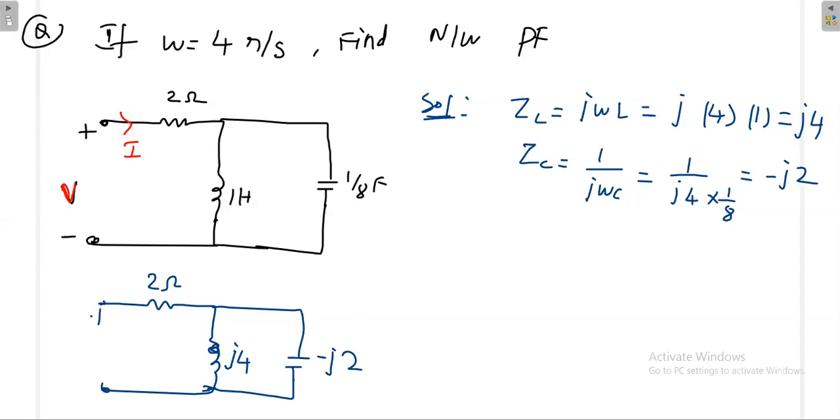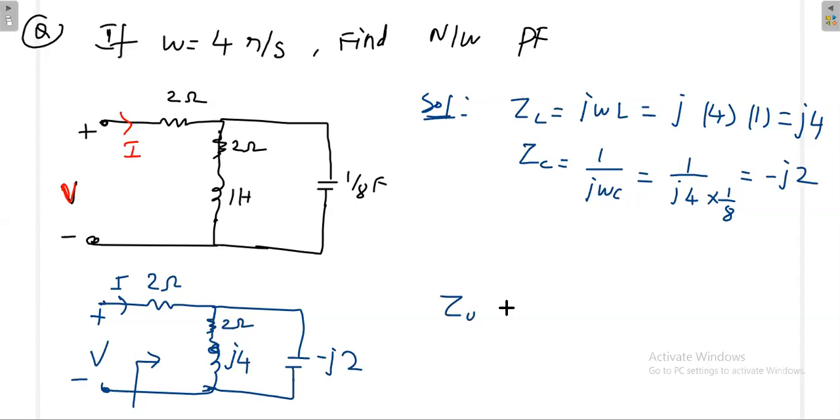This is V, this is I. Now what is the impedance looking from this side? You are applying some voltage, some current is flowing. Now you take the parallel combination for this one. And again one mistake: here 2 ohm resistance is there, here also 2 ohm resistance is there. Now this 2 + j4 and this minus j2 are in parallel, and that is in series with this.